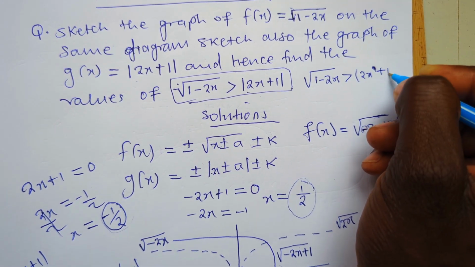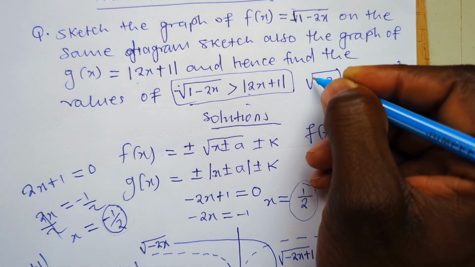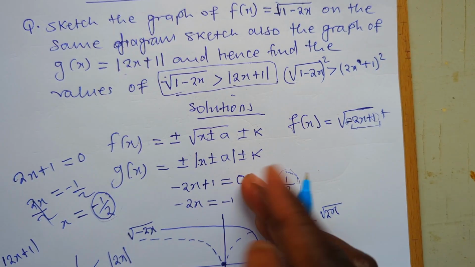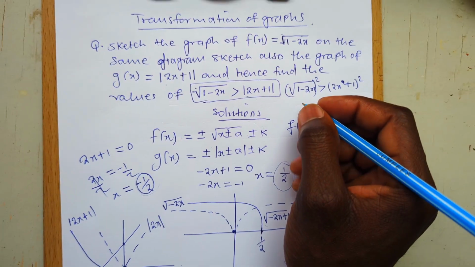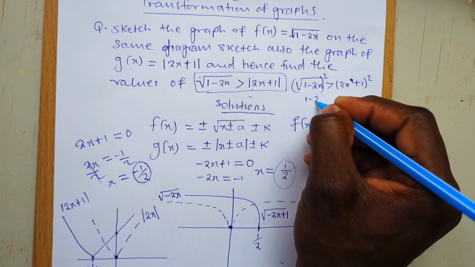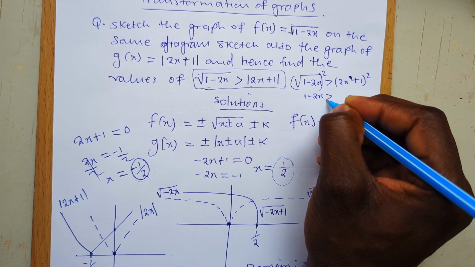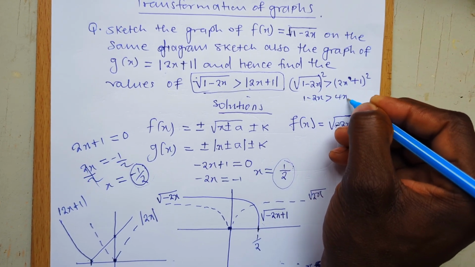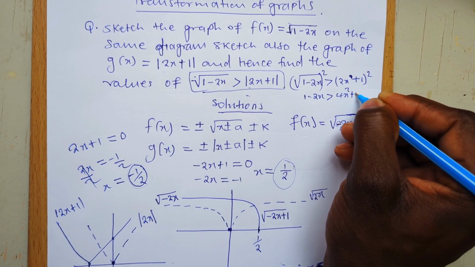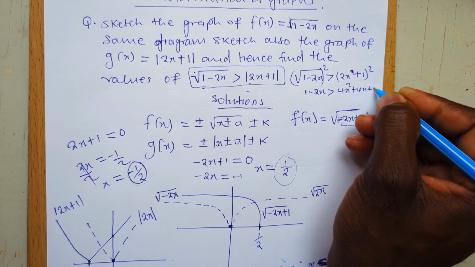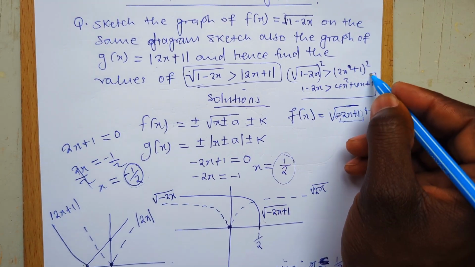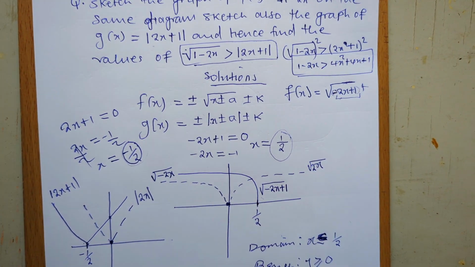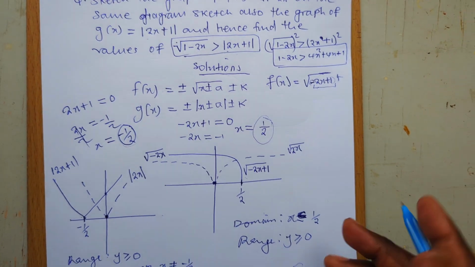Sorry, 2x plus 1. I'll square here, and I'll also square on that part. This is going to give us something like 1 minus 2x greater than 4x squared plus 4x plus 1. Try to do your calculations based on that until you get the values.